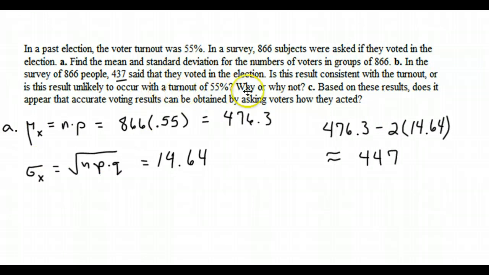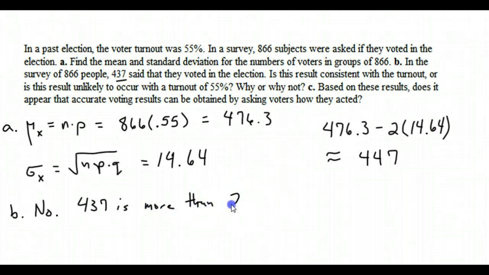Alright, since that's such a low chance of happening, we would conclude, so this is part A. Part B, is this result consistent with the data? No. That value 437 is more than 2 standard deviations below the mean. So that means it would be rare if the 55% were true.